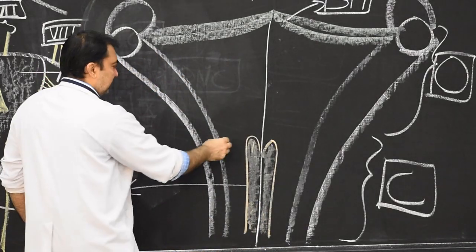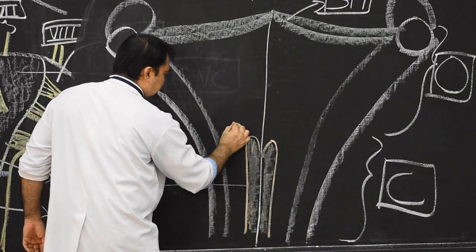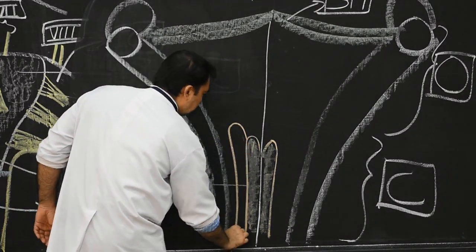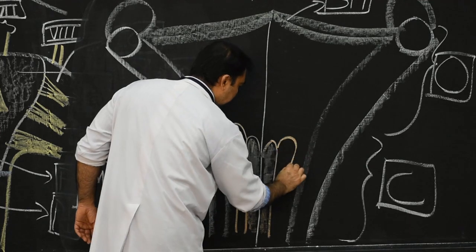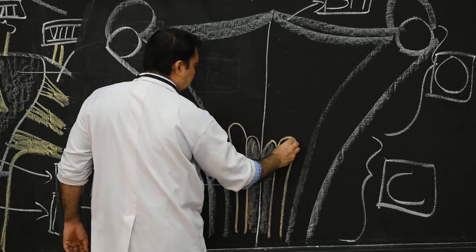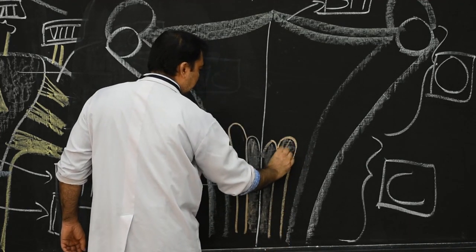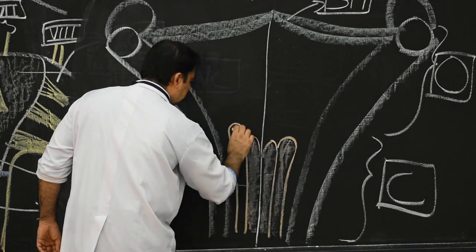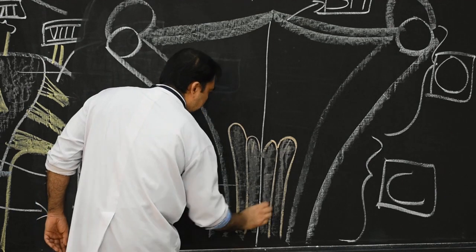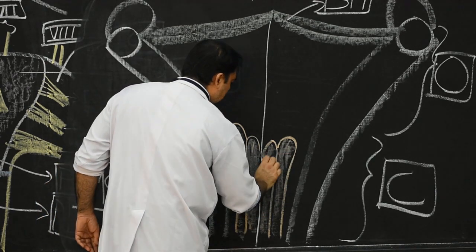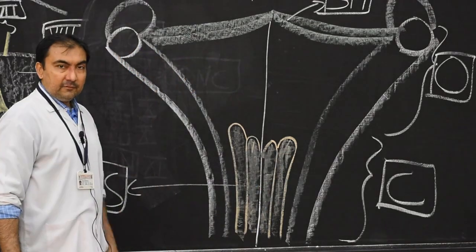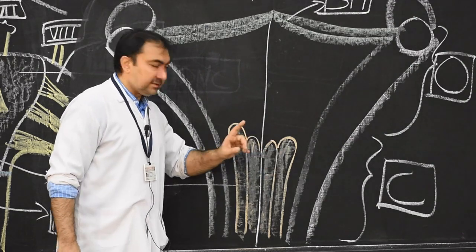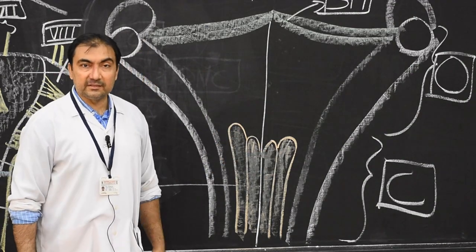Lateral to it, there will be another two swellings. See here, there will be another two swellings on the right and left side, of course, and it will be known as fasciculus cuneatus, C-U-N-E-A-T-U-S. What will be underlying fasciculus cuneatus? Nucleus cuneatus.